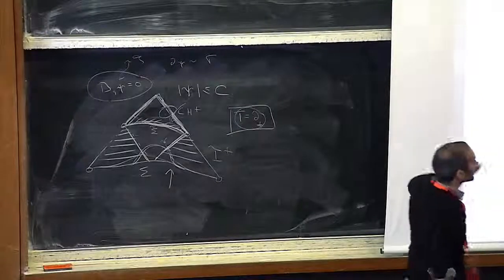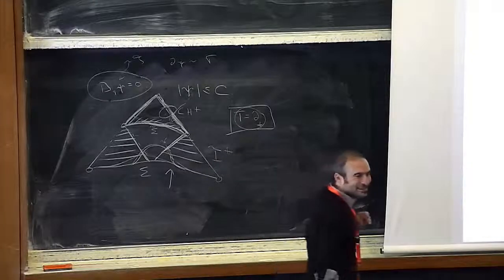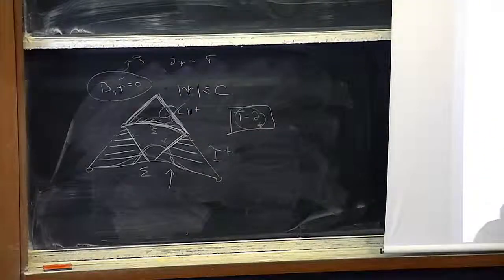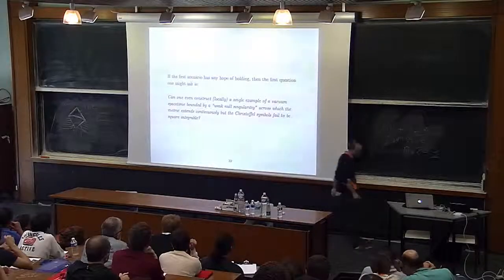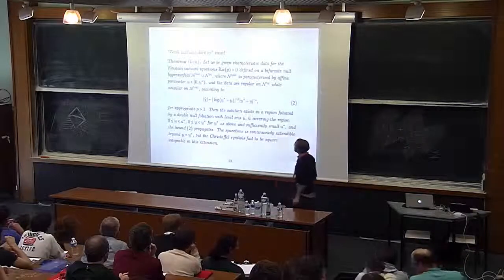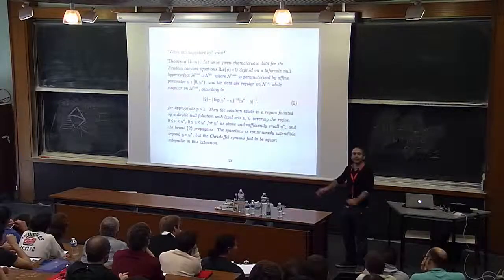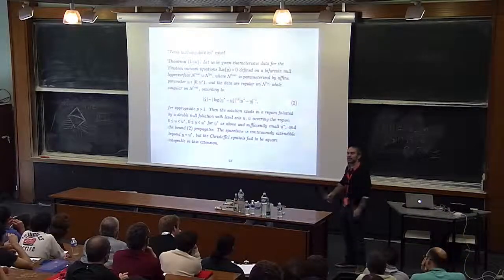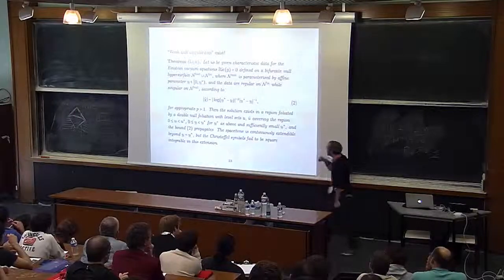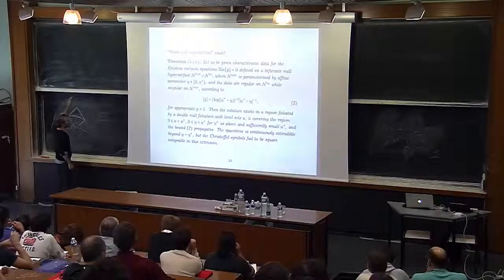So if you believe there's any hope of the first scenario holding, then you first have to produce at least one example of such a vacuum spacetime. This was proven very recently in a breakthrough result of Jonathan Luk. He showed that such weak null singularities locally exist. You can construct vacuum spacetimes in a little patch, bounded by a null singularity of this type, by solving a characteristic initial value problem.